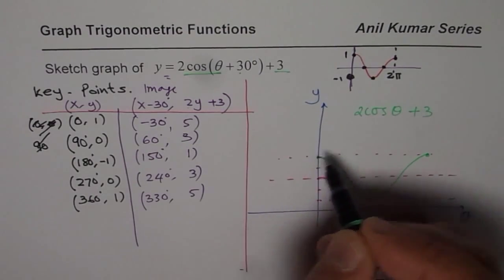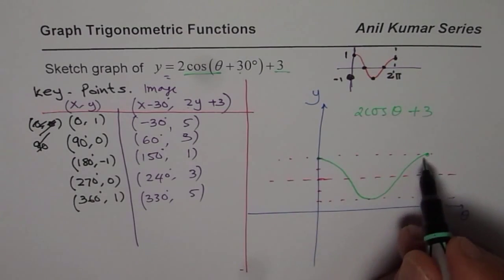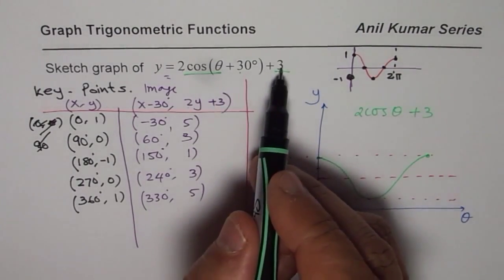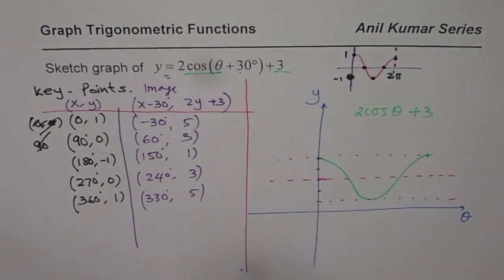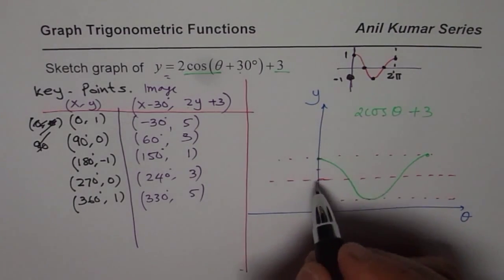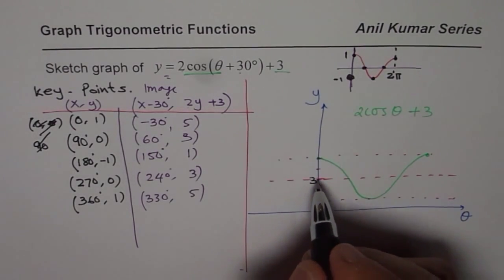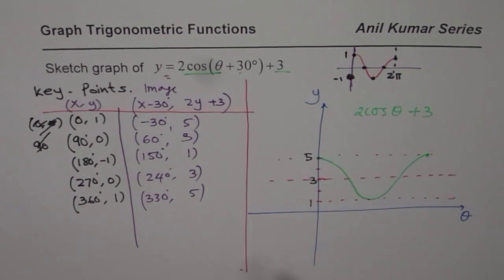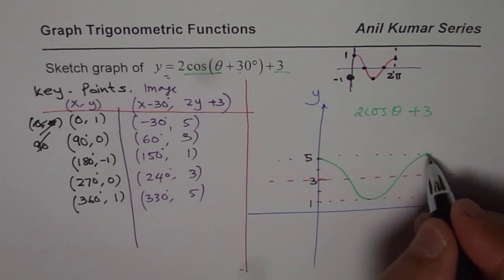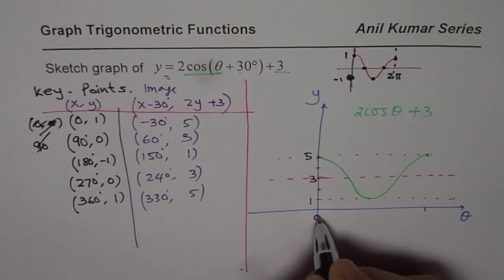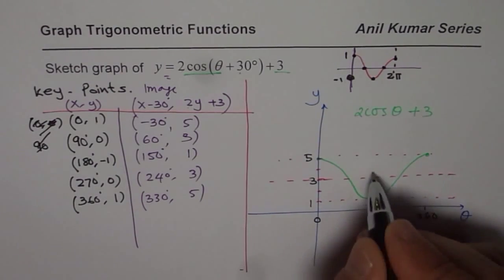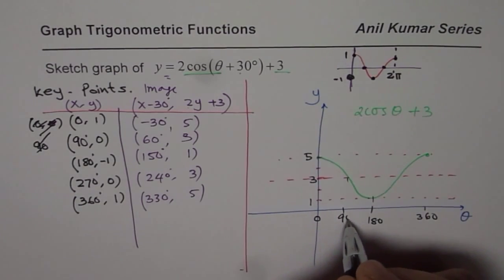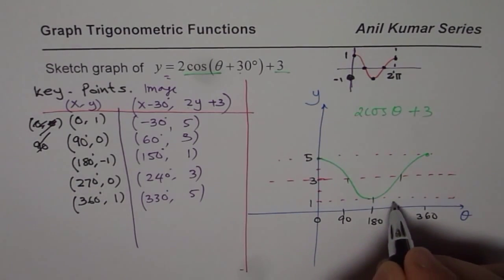So that is the cosine function like this, which has taken care of all these stretches and vertical transformation, which is unit 3 moving up, right? So we have 3 here plus 2, which is 5, minus 2, which is 1. You get the point, right? And of course these points for us will be from 0 to 360, and this here will be 180 degrees, correct? And this will be 90, and this will be 270.